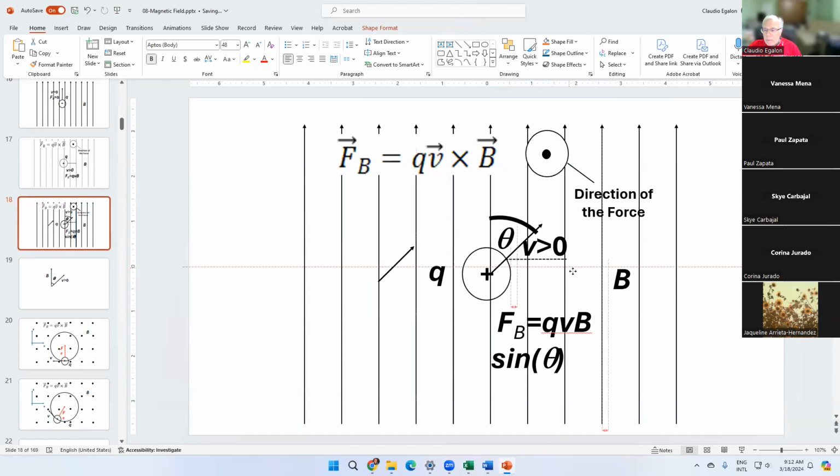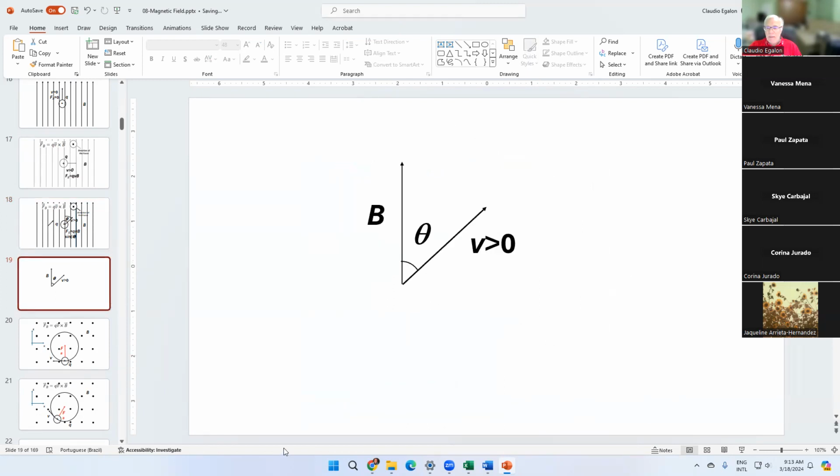The velocity vector goes right in here. I don't need this dashed line. It's the angle between the B field and the velocity vector. And as a result, we have to cross V with B. The resulting force is going to be perpendicular to both vectors, perpendicular to this vector and perpendicular to this other vector.